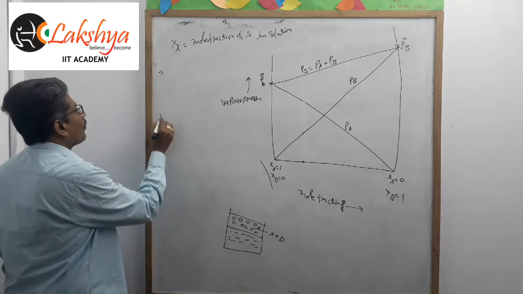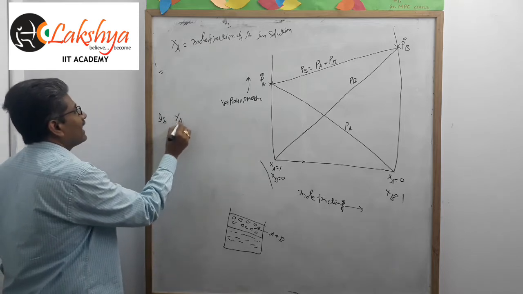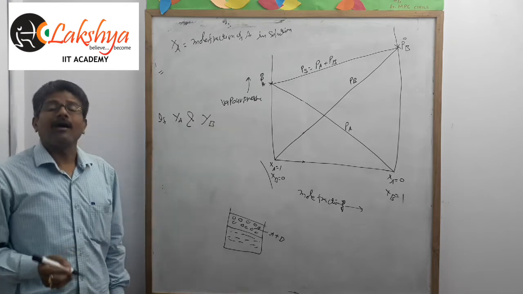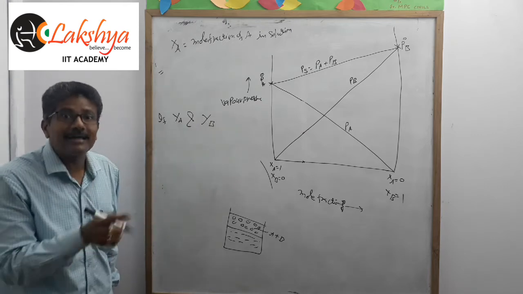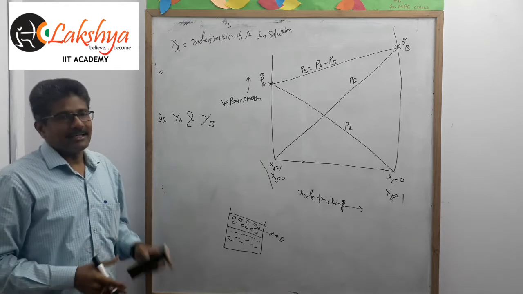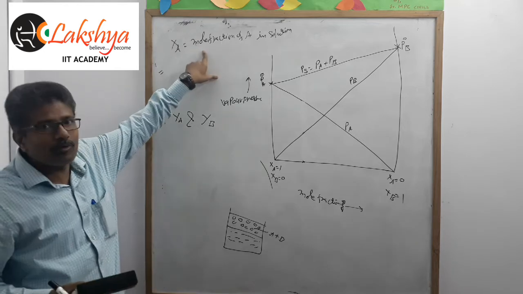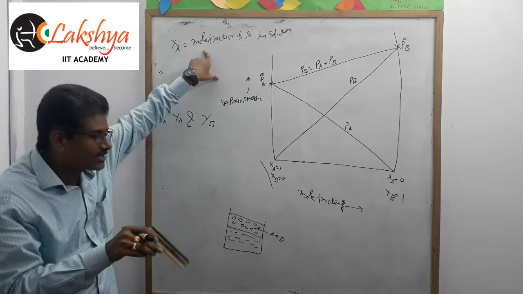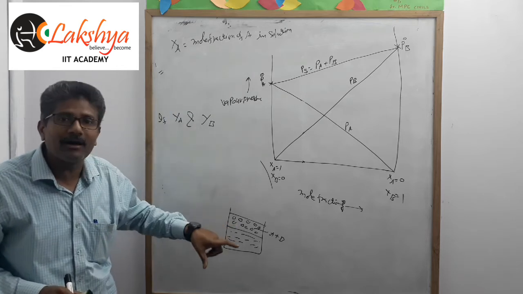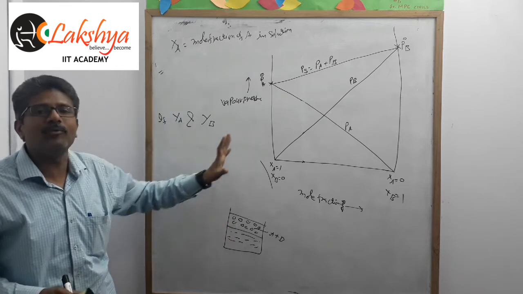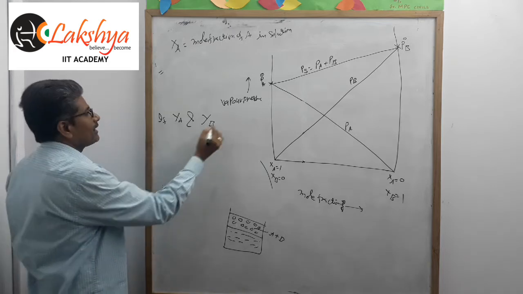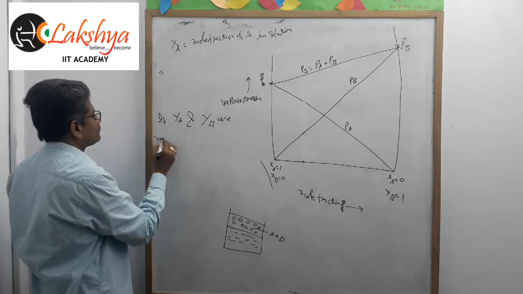If YA and YB are mole fractions of A and B in vapor phase, XA and XB are mole fractions of A and B in the solution. In vapor phase, the mole fractions of A and B are YA and YB.